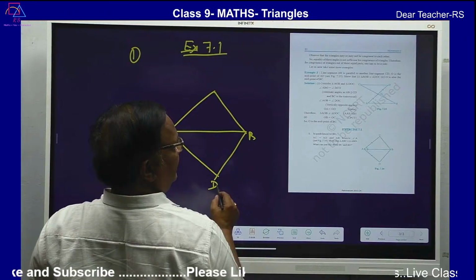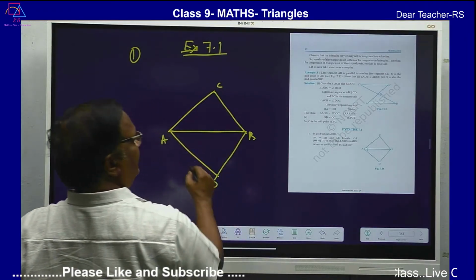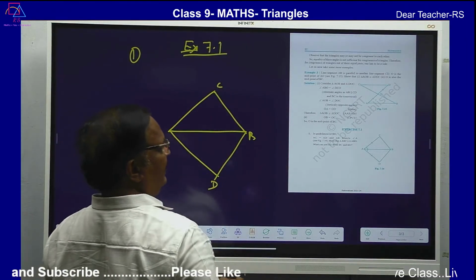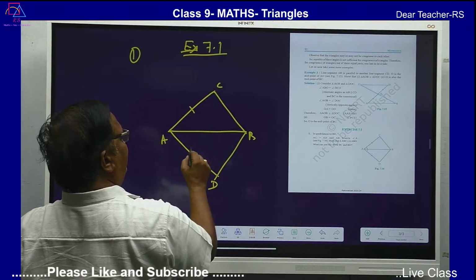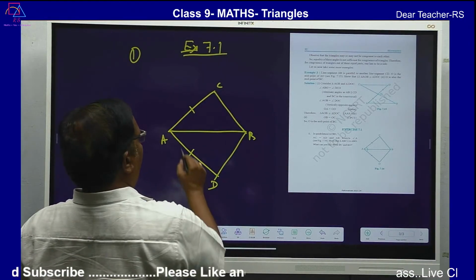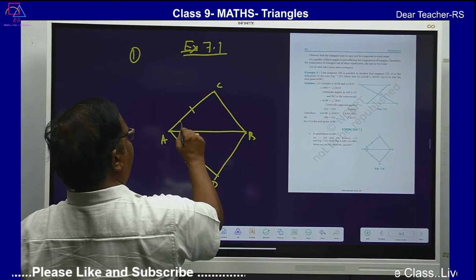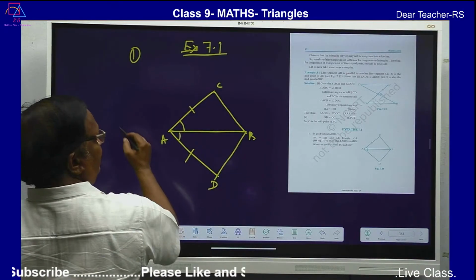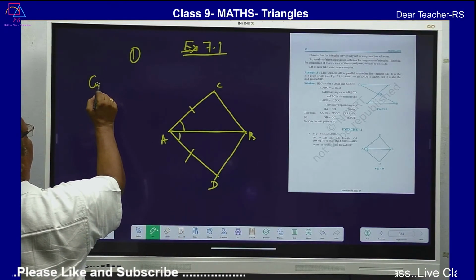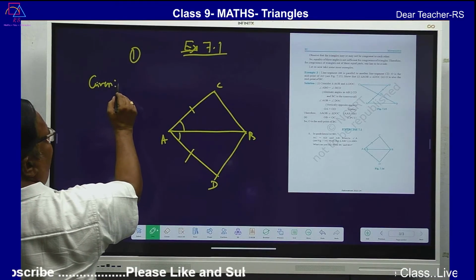B and C. So here it is given that ACBD is a quadrilateral in which these two sides are equal and these two angles are equal. So let me write in given. In given, what happened?